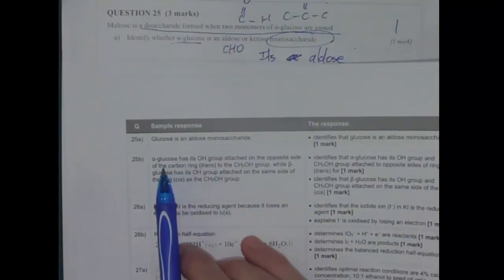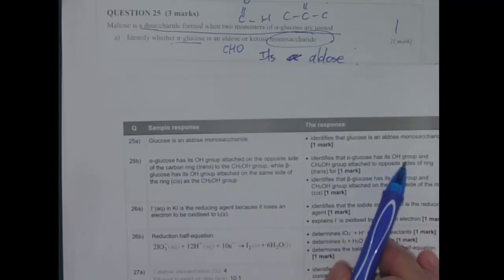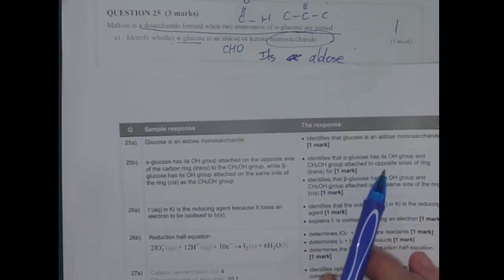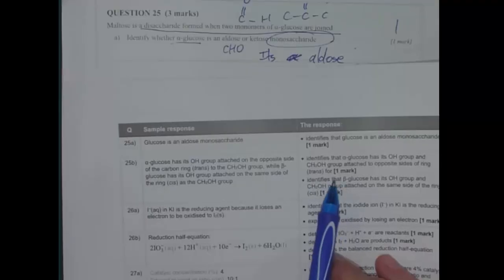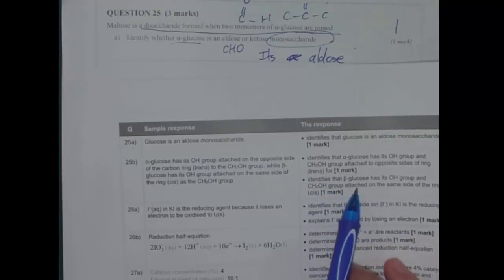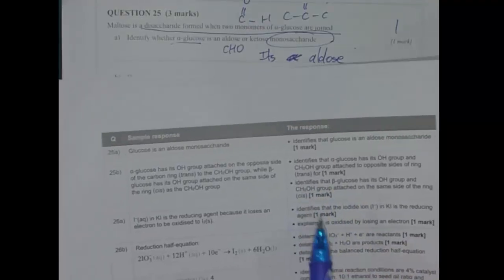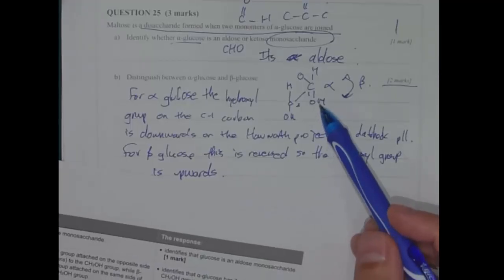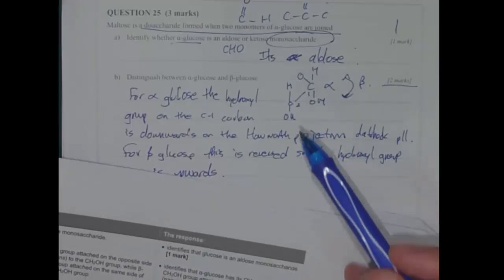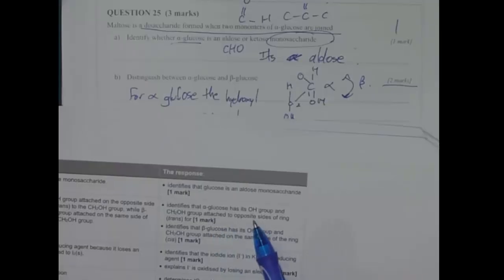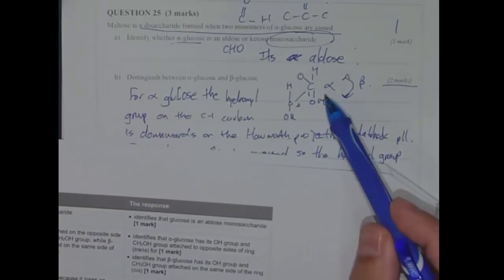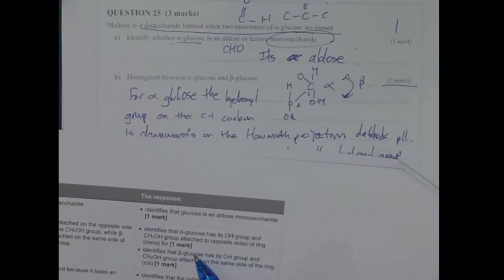Reverting to biology, the antiphase that I've got has opposite sides of the ring for trans, and the same side of the ring for cis. So alpha glucose is opposite of the ring. It's opposite in relation to CH2.